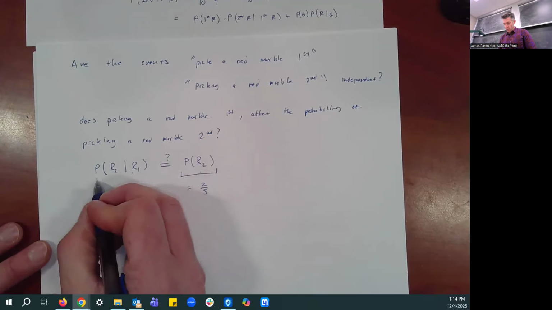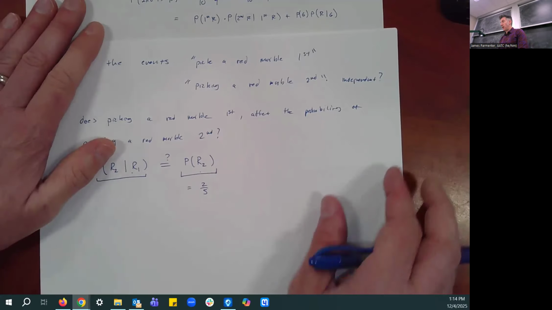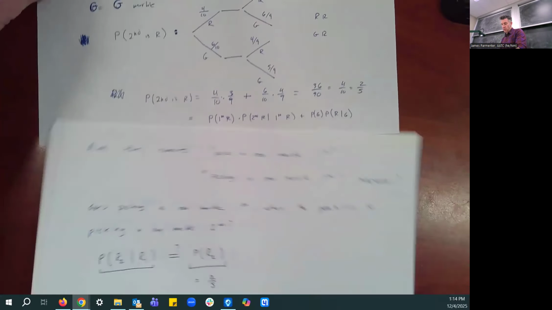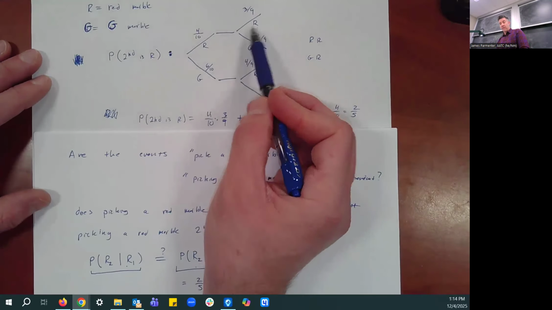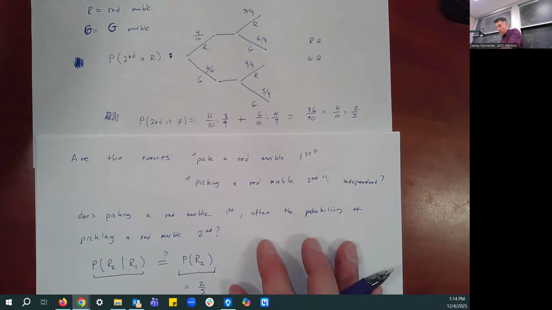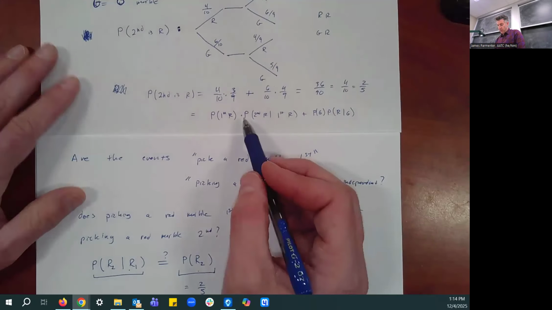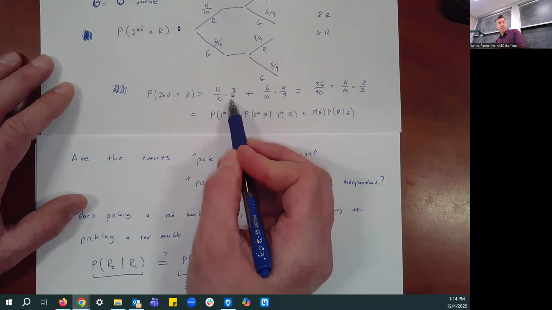The probability of picking a red marble second, given that you picked the red marble first, well, if you look back up at your probabilities here, that's this one right here. Picking a red marble second, given that you picked the red marble first, is 3 out of 9, which we definitely, thanks to you, wrote down here, right?